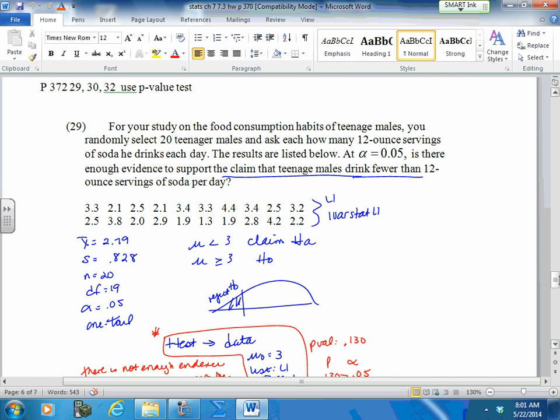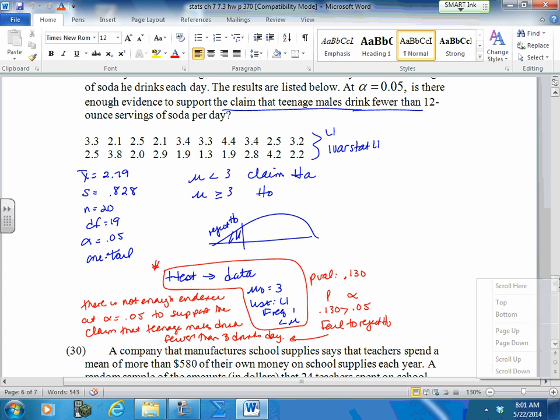There's no reject region here this time, because you're going to test with your p-val. You have to put this one in your calculator. You have to use some kind of a program for this one. And we find our p-val in our calculator to be 0.130.